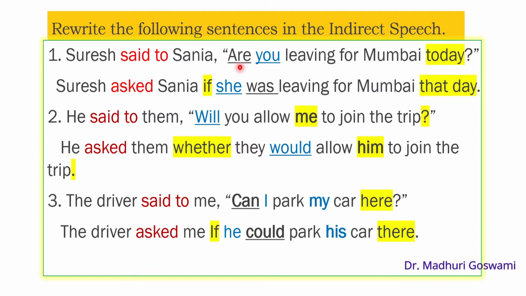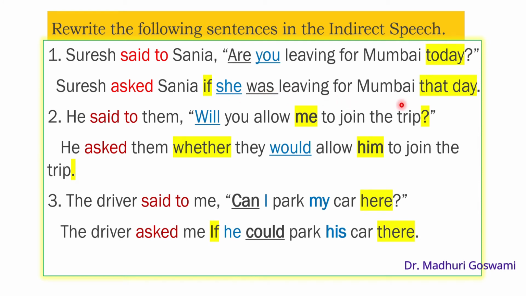So, are you leaving for Mumbai today? यह है question word order जिसमें verb का पहले यूज किया जाता है और उसके बाद subject का. Statement में हम पहले subject का यूज करेंगे and then comes verb. So it becomes she was leaving for Mumbai that day.